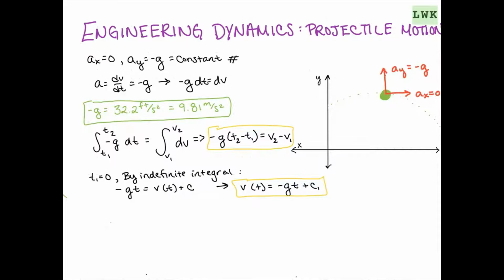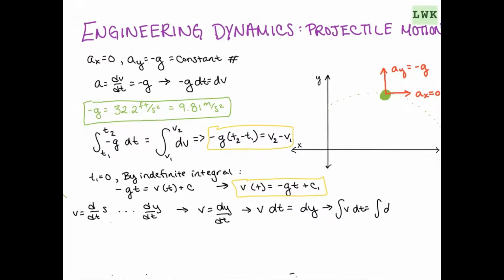So moving on to position, we know that our velocity is equal to the derivative of position with respect to time. And since we're really just looking at the y direction, we can even write dy dt. So v equals dy dt. And let's rearrange our variables here. So that'll let us write v dt equals dy, and we're going to integrate.